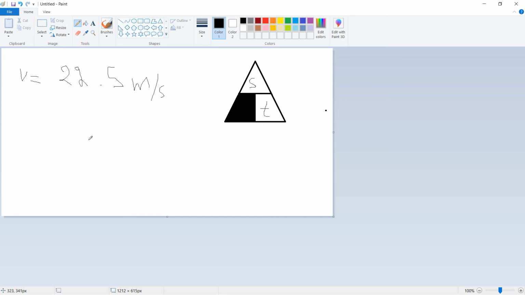I must convert it into kilometers per hour. What should I do? From meters per second to kilometers per hour, I must multiply by 3.6. You remember? To convert from meters per second to kilometers per hour, I must multiply by 3.6.